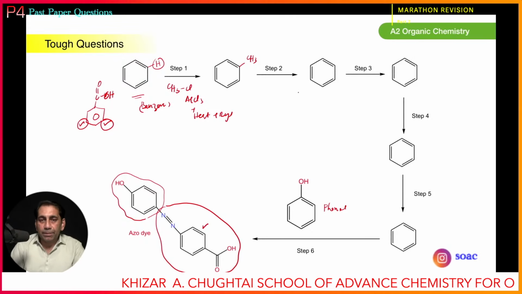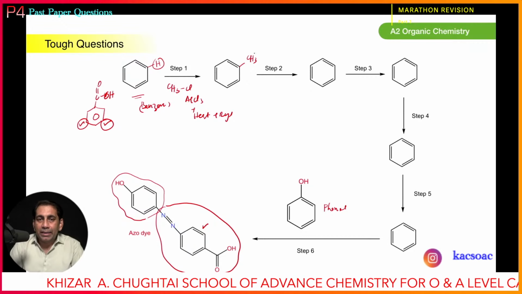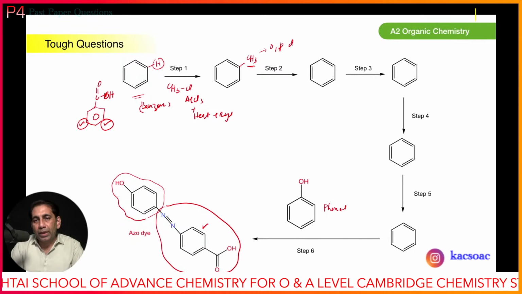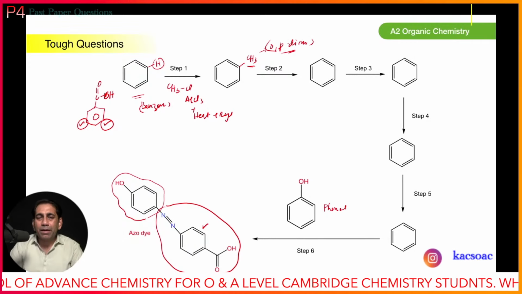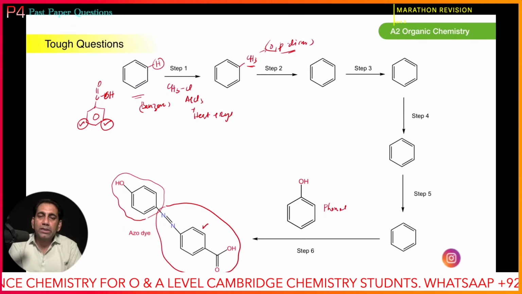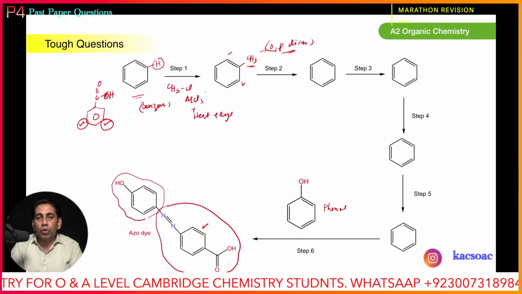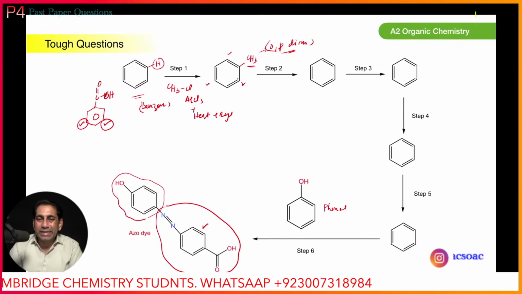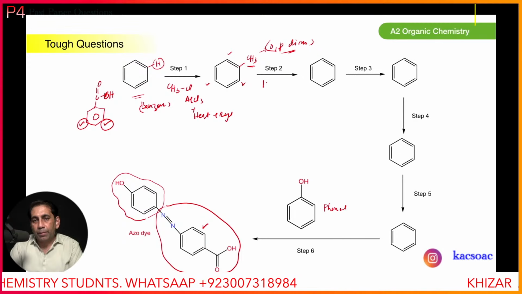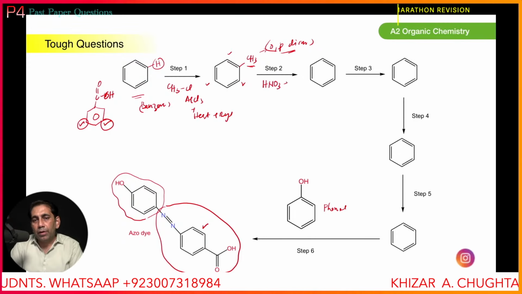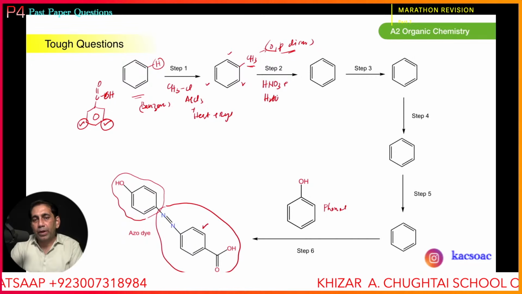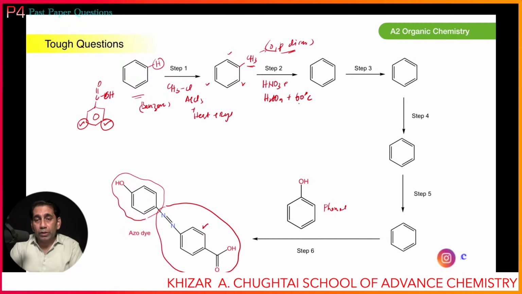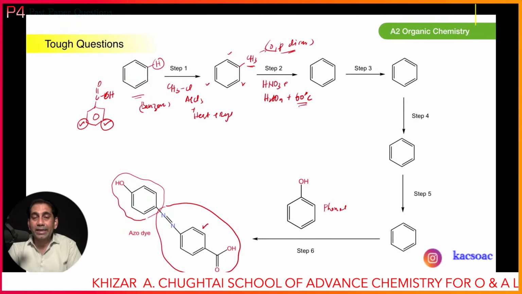Now, what will be the second step? This CH3 group is basically an OP director. It is going to direct the molecule towards the ortho or para position. If I introduce this benzene ring to a nitro group, I'm going to add HNO3 plus concentrated sulfuric acid, both concentrated, and I'm also going to heat it to more than 60 degrees Celsius.